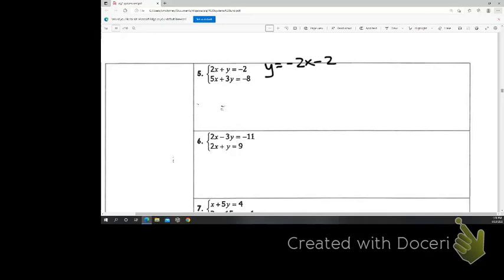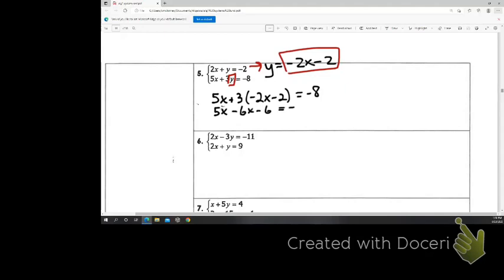So I can change this one into this easily, and then this can substitute in here. So then I have 5x plus 3 times -2x minus 2 is -8. And we're back to our whole distribute and combine like terms.